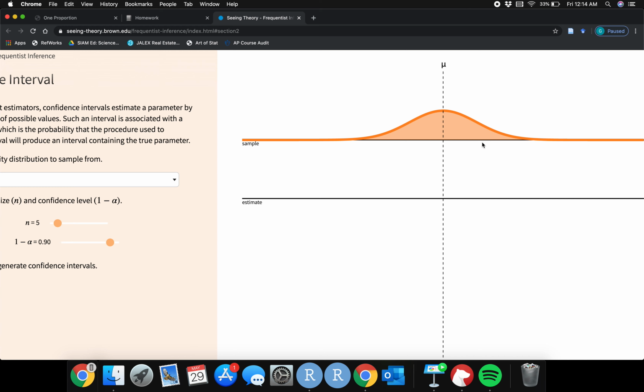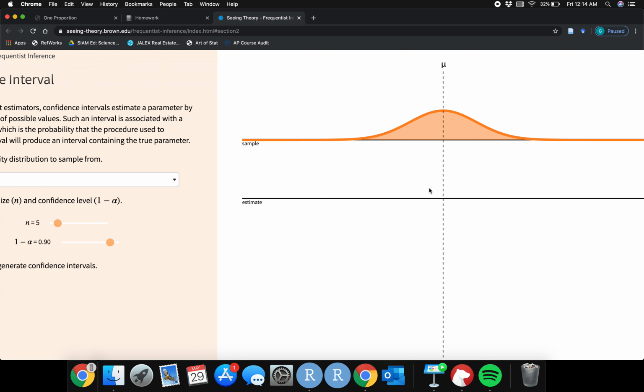I've got this population, and I'm going to sample from that population. Sample 5 numbers, 10 numbers, 30 numbers, whatever. And from this population, there is some truth. They call the truth mu here. Maybe I'm looking for the mean. So I've got some truth about that population.